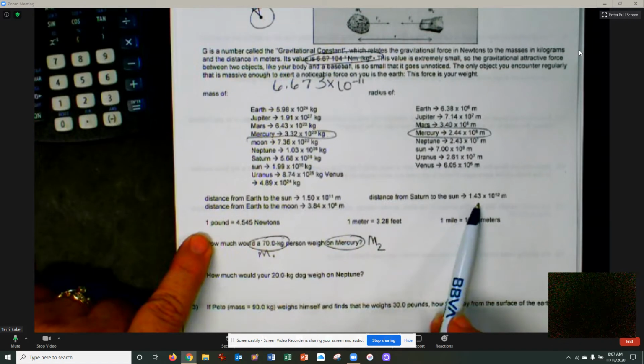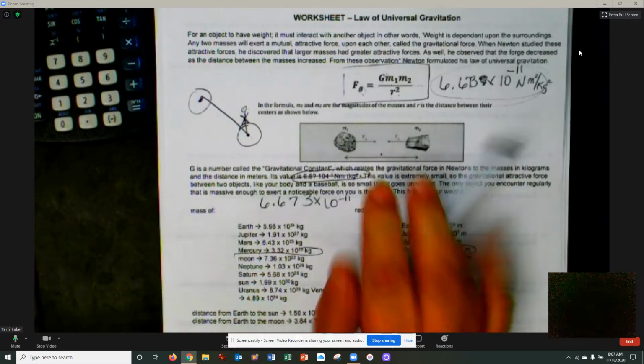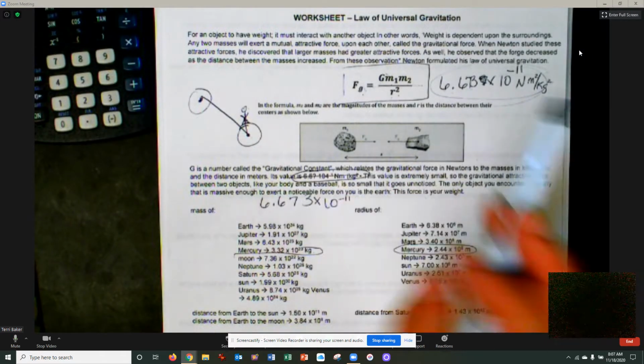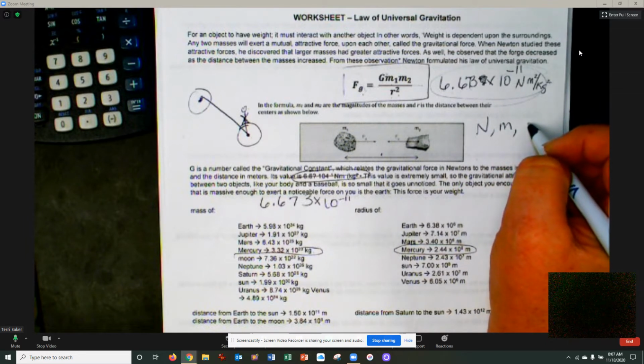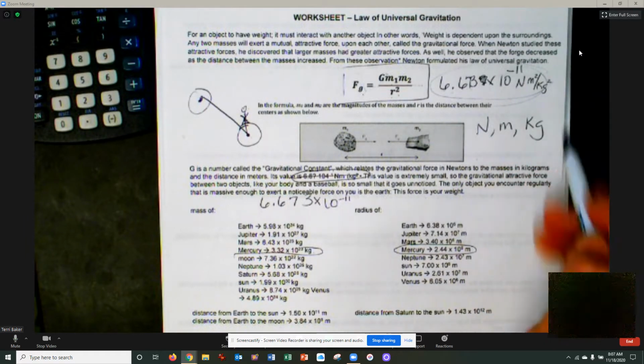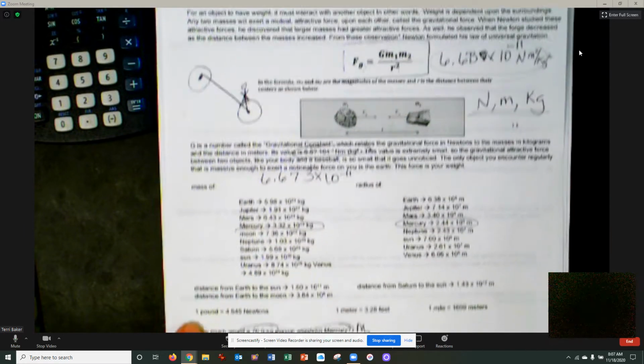You also have some distances and some conversions. All units to plug into this equation must be in newtons, meters, or kilograms. If it's in any other units, you're going to have to convert.